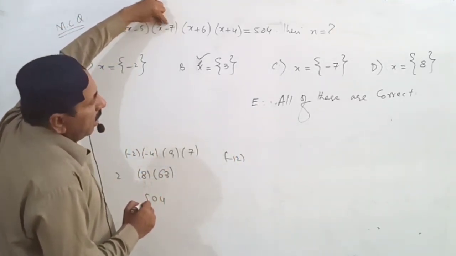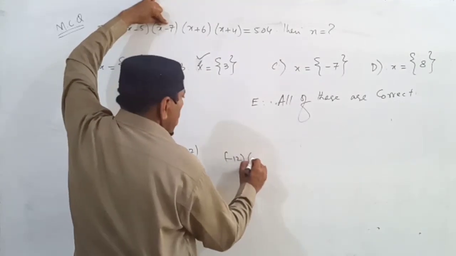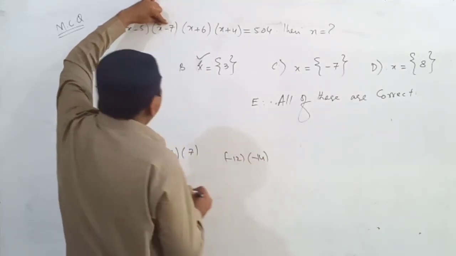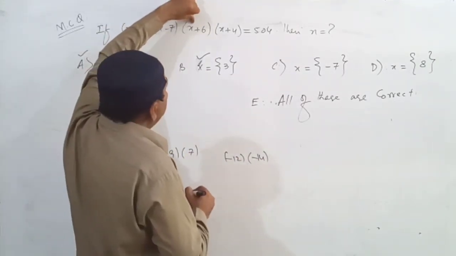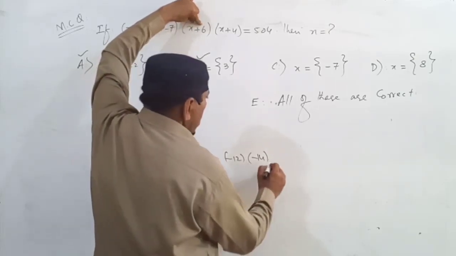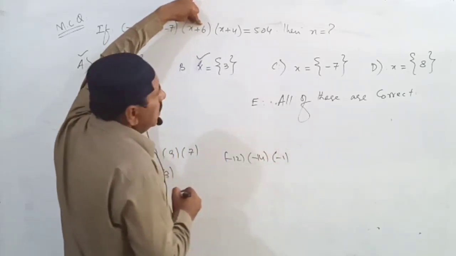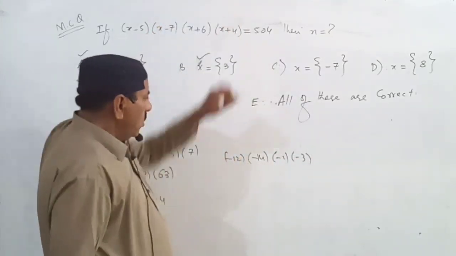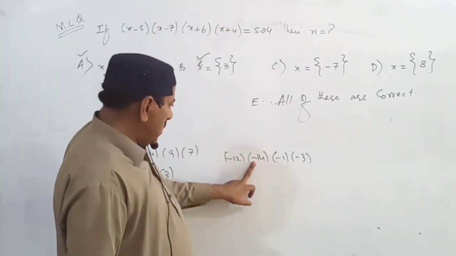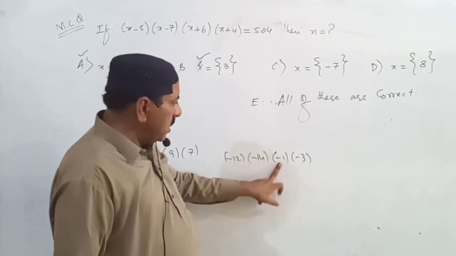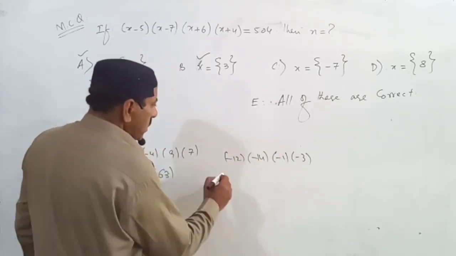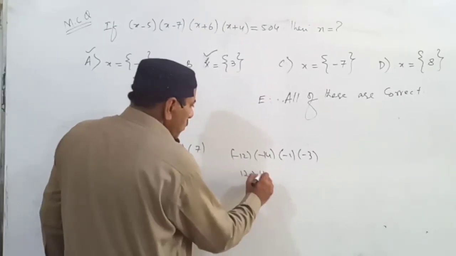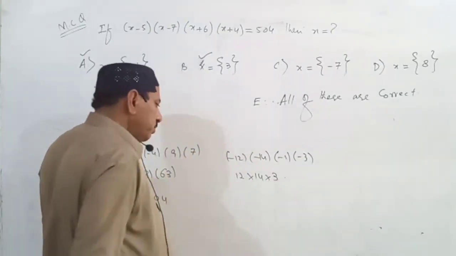Now, if we substitute x is equal to -7, -7 minus 5 means -12, -7 minus 7 means -14, -7 plus 6 means -1, -7 plus 4 means -3. So, minus into minus is plus, plus into minus is minus, minus into minus is plus. 12 into 14 into 3.